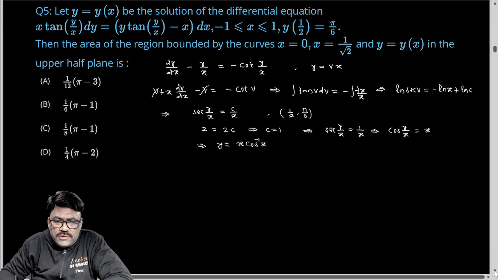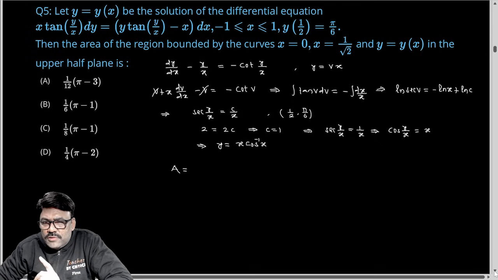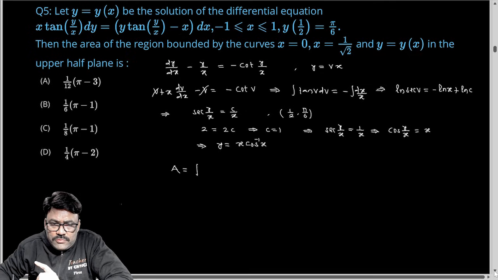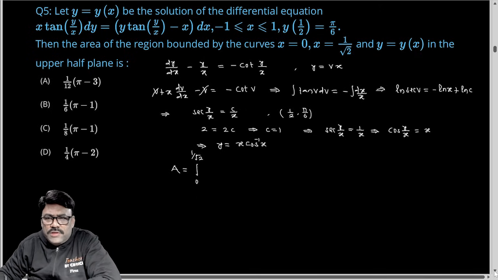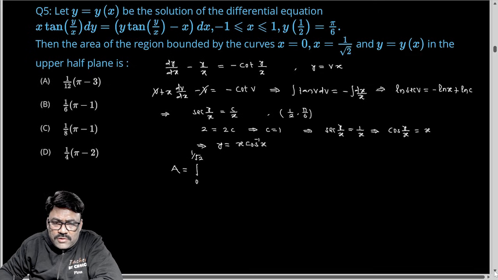The area will be what? You are taking the area from x is equal to 0 to x is equal to 1 by root 2. In the upper half plane means area between the curve and the x-axis. So that will be y dx, or integral of x cos inverse x dx.